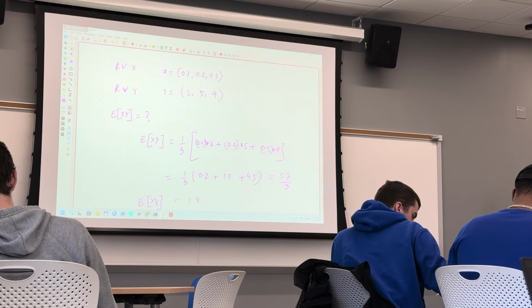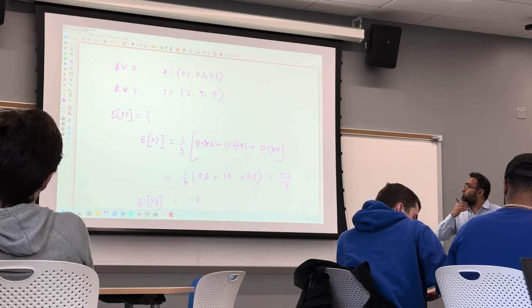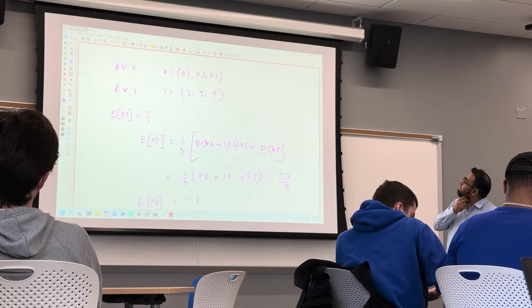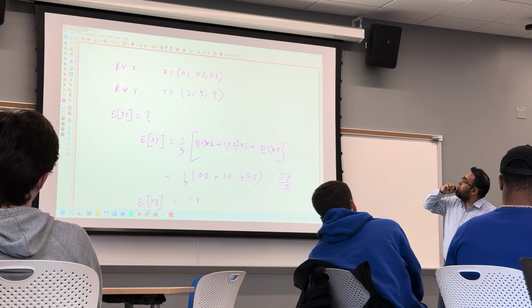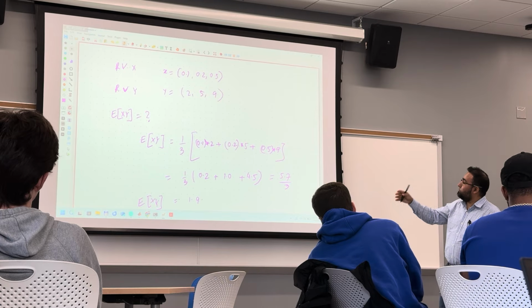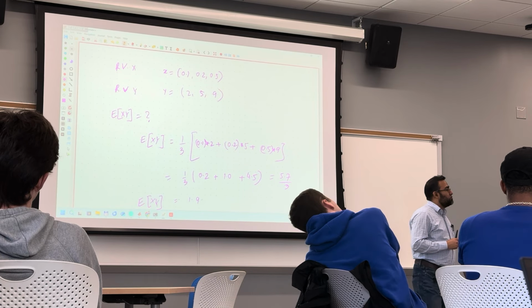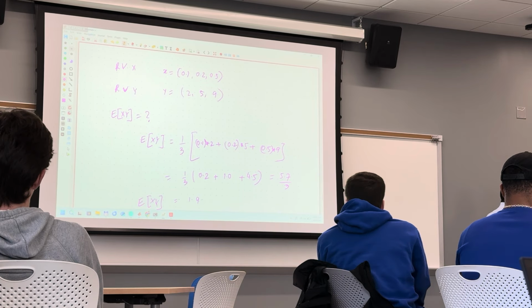Correlation of x, y, you have positive, okay? So you have a positive relationship. Here, as x goes up, the value of y goes up. So that's why you have correlation of these two random variables positive.